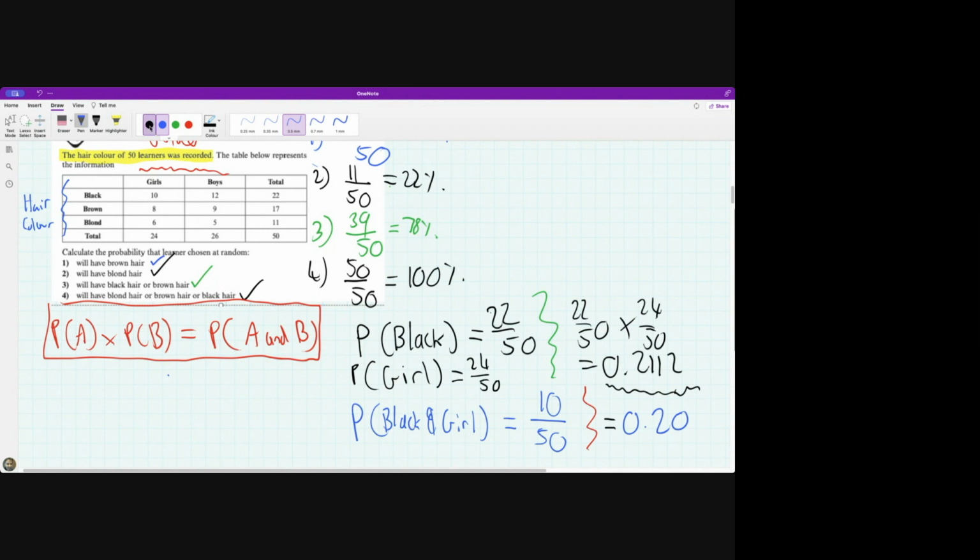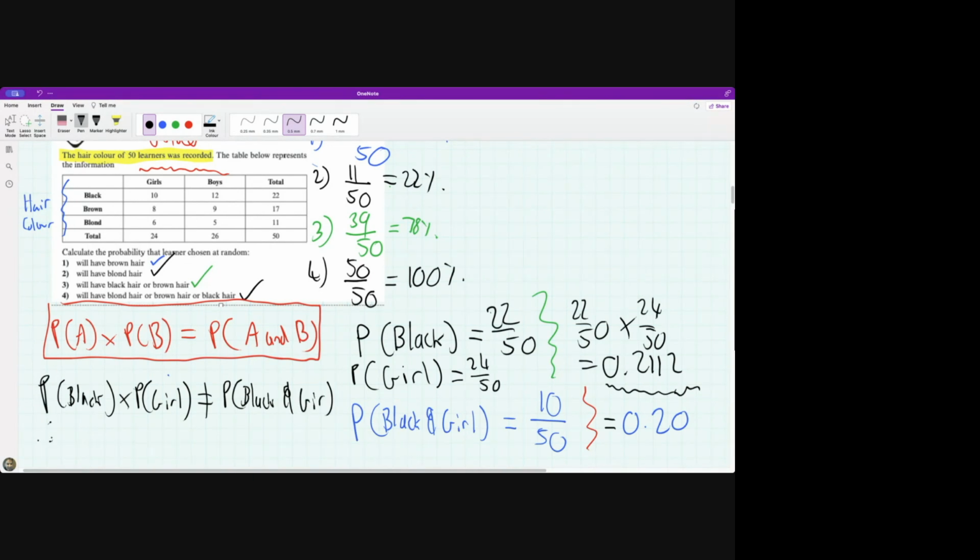Now, even though they're close, they're not the same. And so we would say the probability of having black hair times the probability of being a girl is not the same as this.